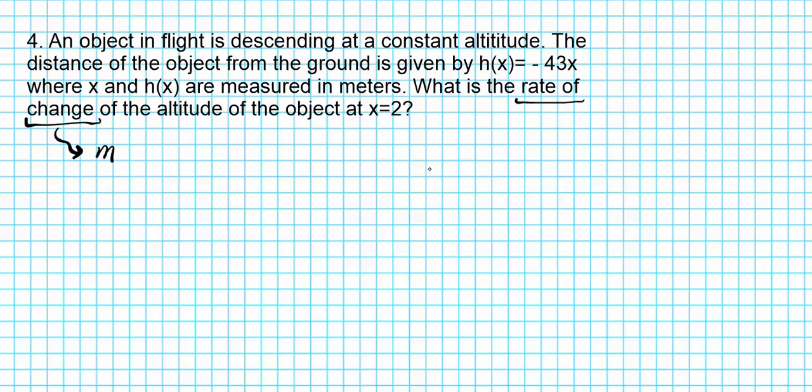Do we have a constant rate of change or a variable rate of change? If I were to graph this function, what will it look like? Is it going to be a linear function or a nonlinear function? We can clearly see that this is a linear function because it's in the form y equals mx plus b.